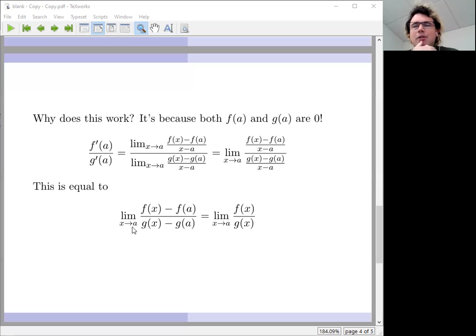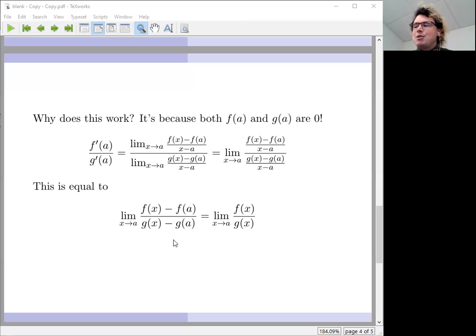So in general, this should be true for any differentiable functions where g prime is not 0. But I know a little bit more about my f and my g, specifically because of the problem that I have. I'm only using this technique because both f of a and g of a are 0.